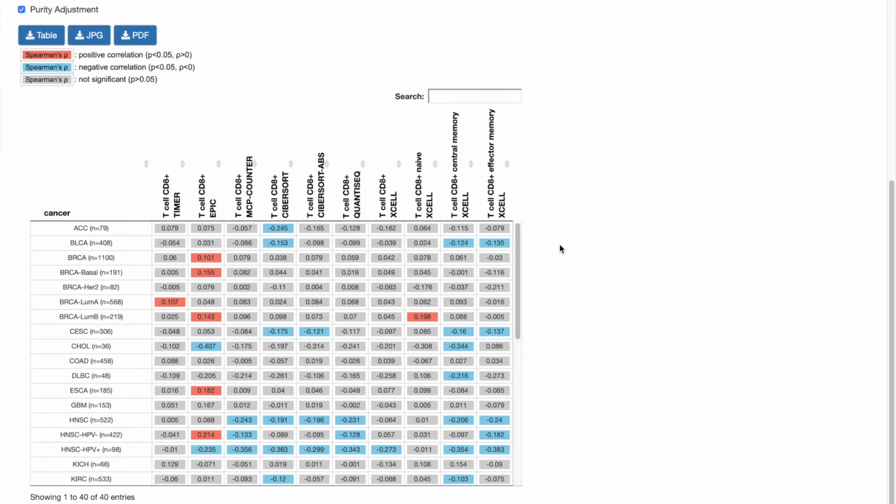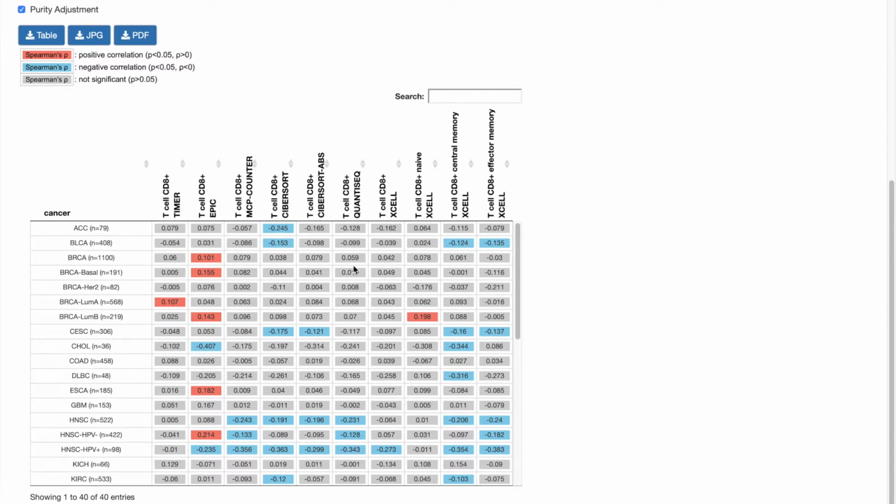As you can see, TIMER2 outputs this heat map where the rows are the different cancer types in the TCGA dataset, and the columns are CD8 T cells estimated by different algorithms, such as TIMER, EPIC, and so on.